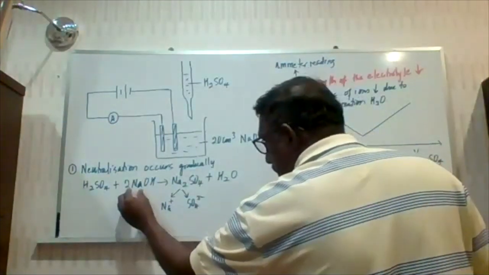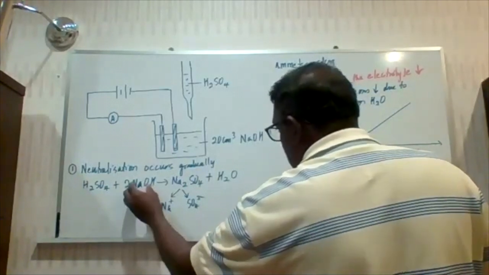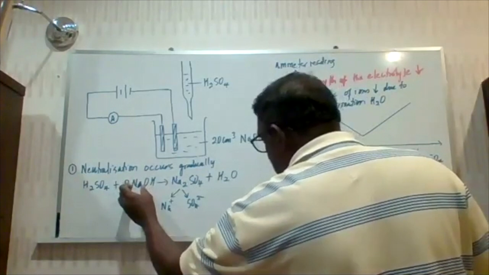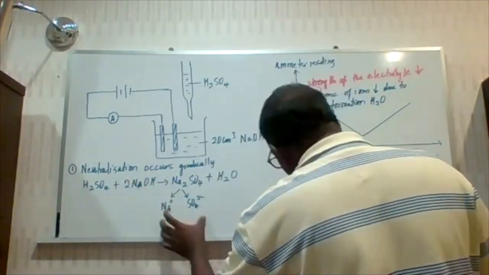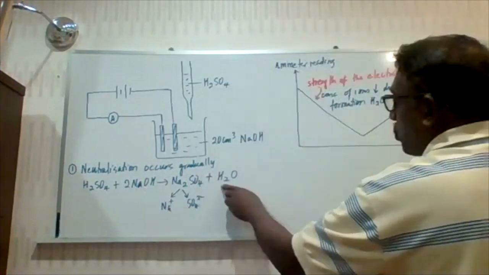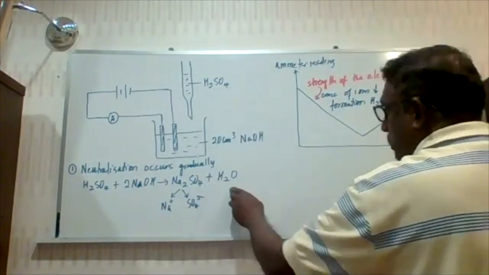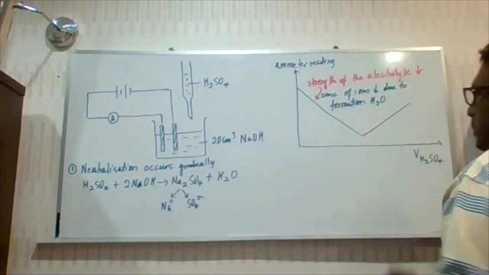The Na+ and OH- ions are neutralized but replaced by these two, which are also free moving ions. Then why does it go down? The only reason is that water is being produced, so the water dilutes the concentration.